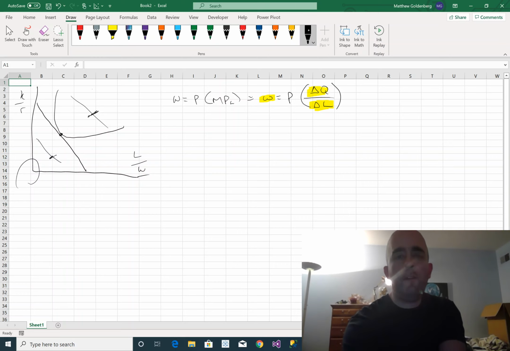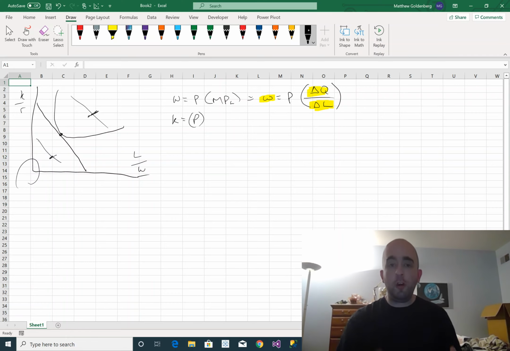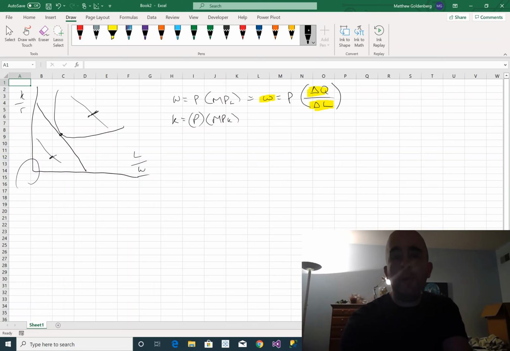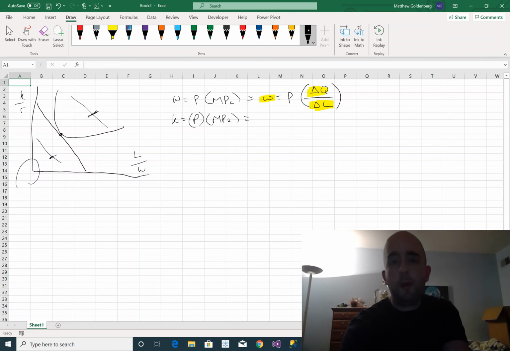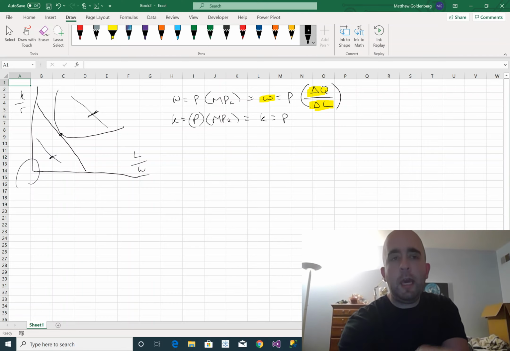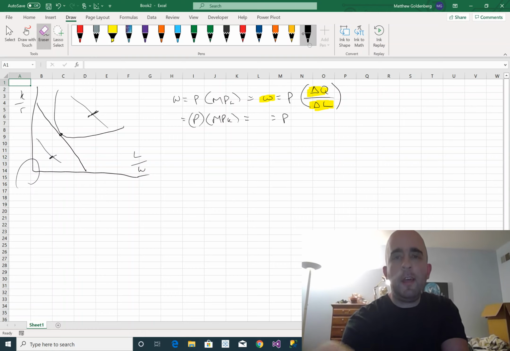Let's do the same thing for capital. Capital is equal to the price we're paying, so the price of our good on the open market times the amount of production that capital is bringing. Actually, it's really rate, not capital.